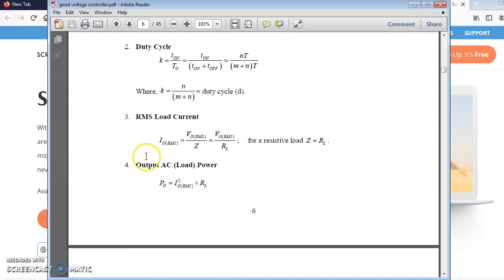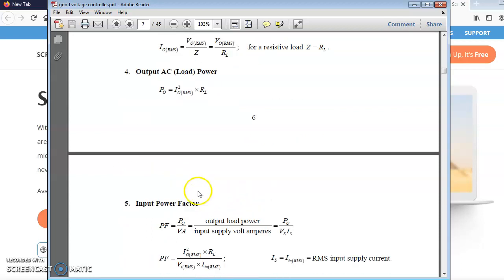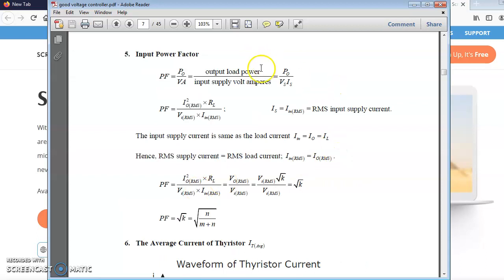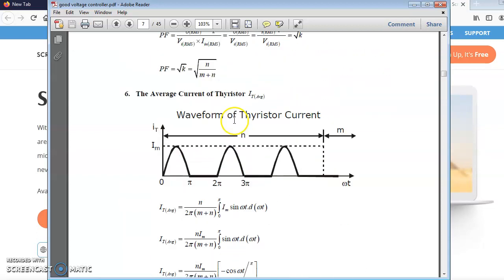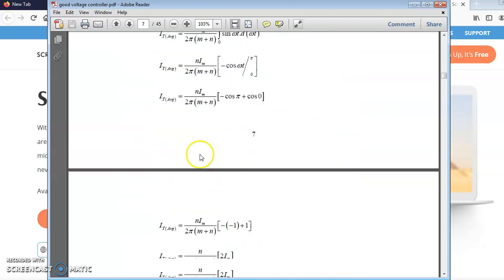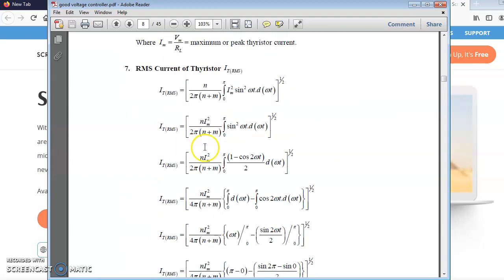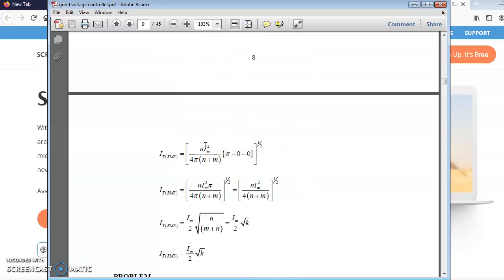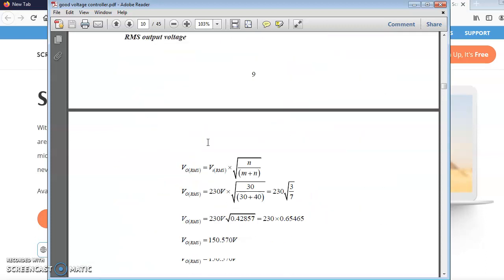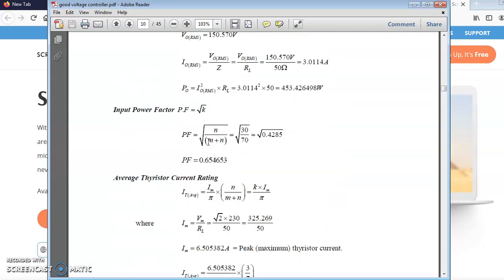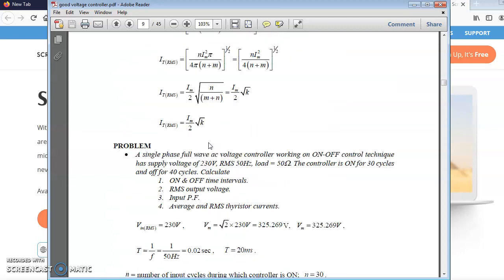Output power is I squared R. Input power factor is the output load power divided by the input supply volt-ampere. This is the average current of the thyristor. By this way we can find the various parameters of the circuit.